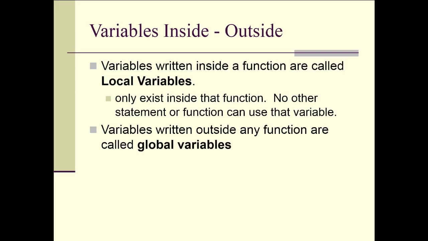They exist only in that function. As long as the function is running, that variable exists in memory. That value is available for the function to use. However, it's not available to any programming lines that are outside the function. Those variables that are written outside any function are called global variables, and any function can use them.